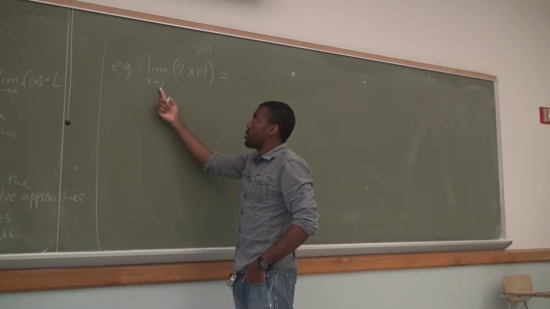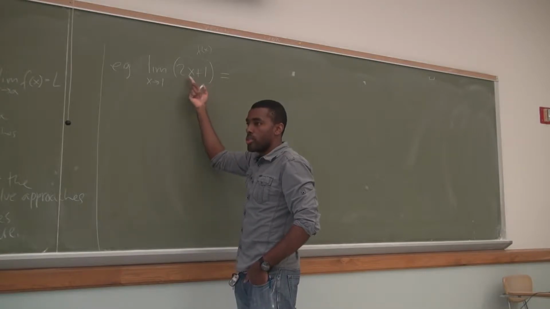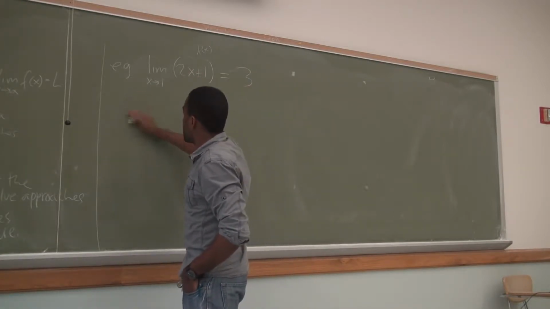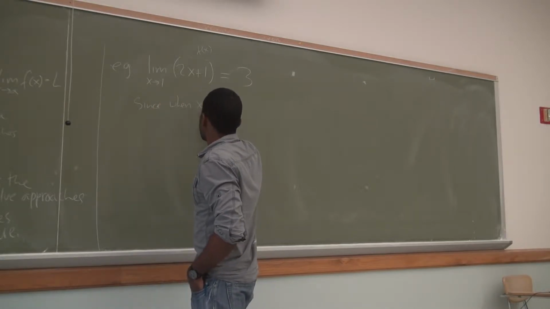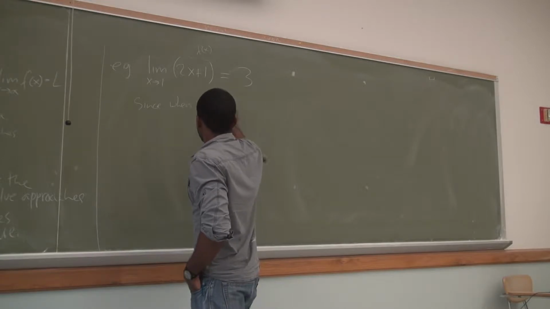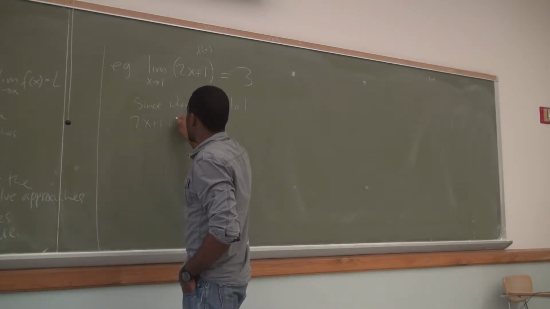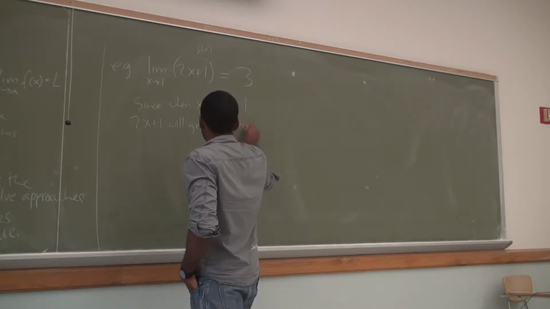Now as my x gets close to 1, notice that this value will get close to 3, since when x gets close to 1, 2x plus 1 will get close to 3.